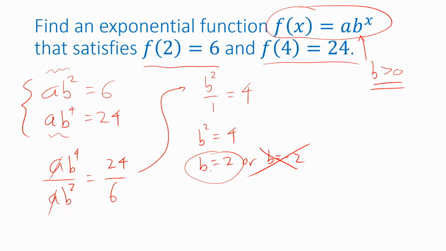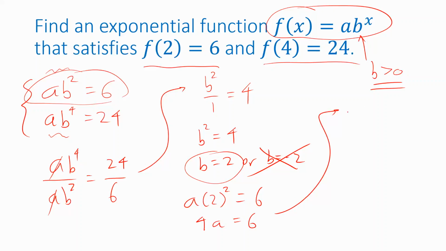Okay, we found one of the two unknowns, b. Now I can use that to find a. I'll plug it back into either one of these two equations, and typically you want to go with the simpler equation. In this problem, it looks like that's going to be the equation that has the smaller exponent. So a times b squared equals 6. 2 squared is 4, so I'm looking at 4a equals 6.